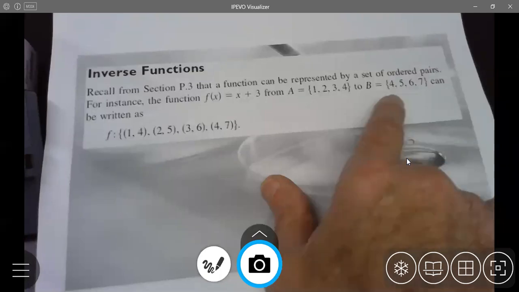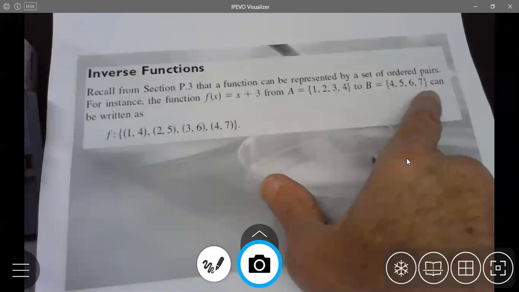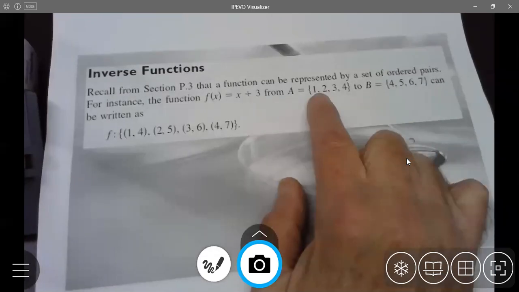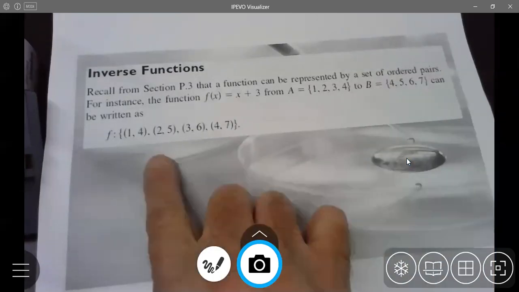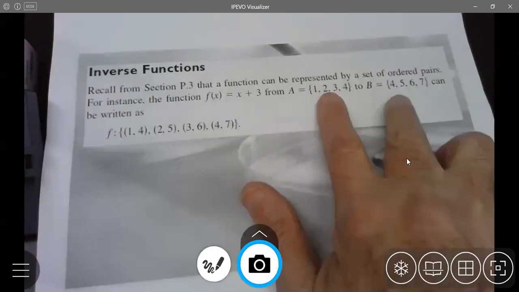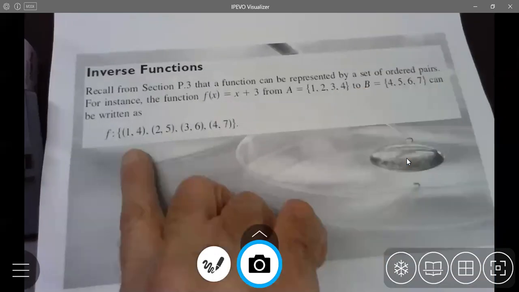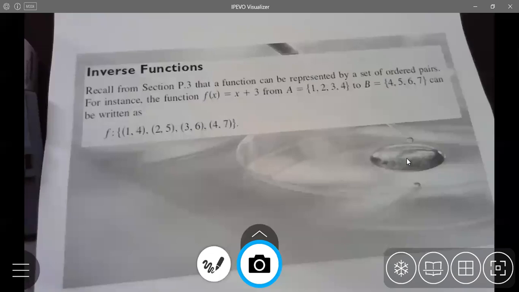You put 3 in, you get 6 out, and 4 in, you get 7 out. So the domain is 1, 2, 3, 4, and the range is 4, 5, 6, 7. And this can be written as ordered pairs: (1, 4), (2, 5), (3, 6), and (4, 7) as our set of ordered pairs. All righty.